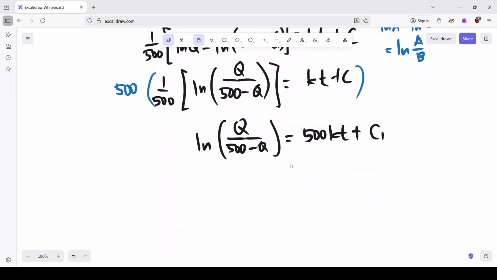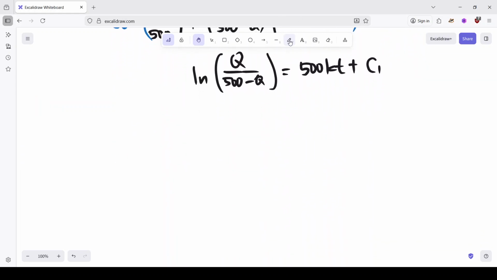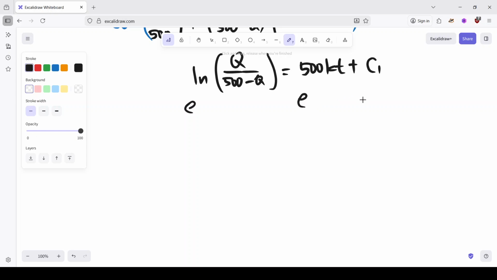Then, we have ln on the left side. So, pwede natin tong ma-cancel by making this the exponent of e. Also, on the right side, make this the exponent of e. So, e tsaka ln magka-cancel. On the left side, we will have q over 500 minus q. On the right side, we will have c1 e raised to 500 kt.